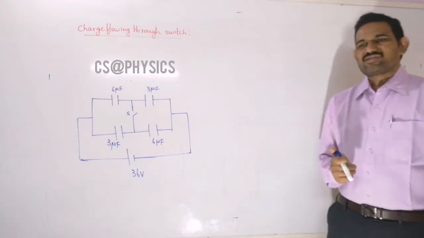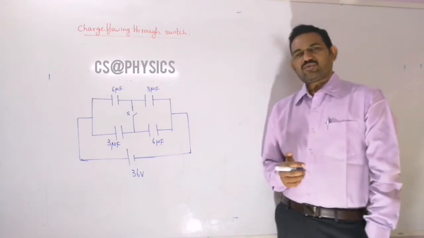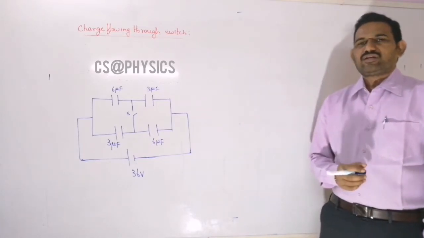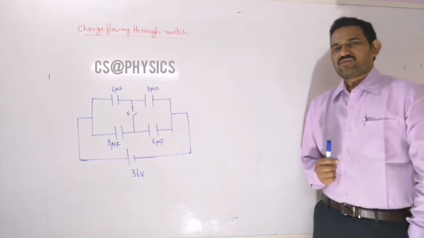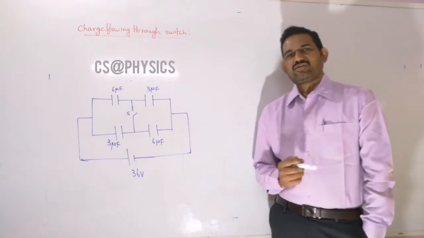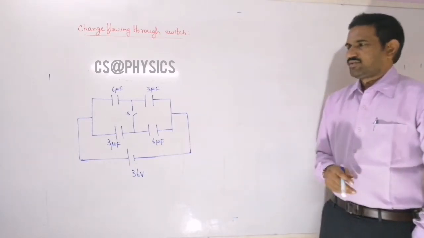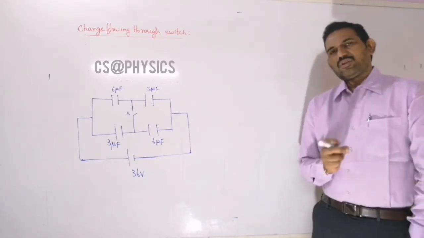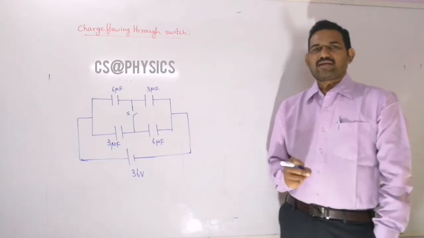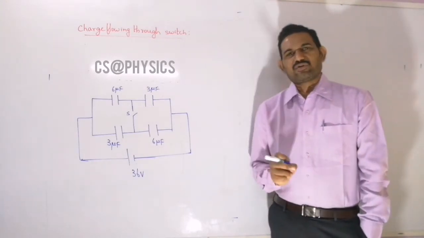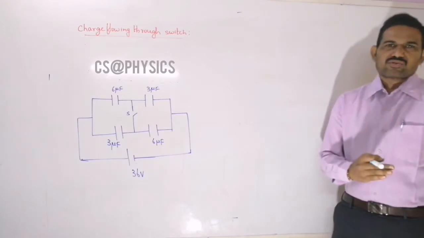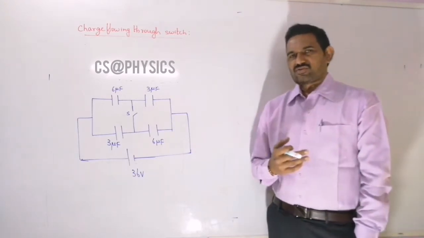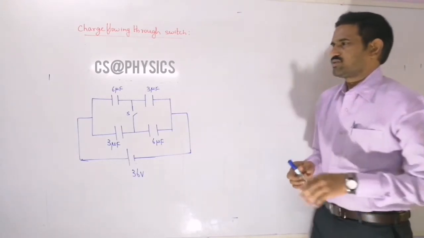If it is closed, then find the charge flowing through the switch. As I said, for all these switch related problems, we need to calculate the charge on each plate of the capacitor before closing the switch and after closing the switch. So let us calculate that before closing the switch here.